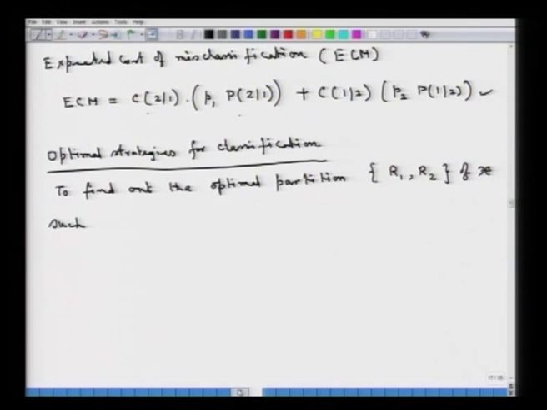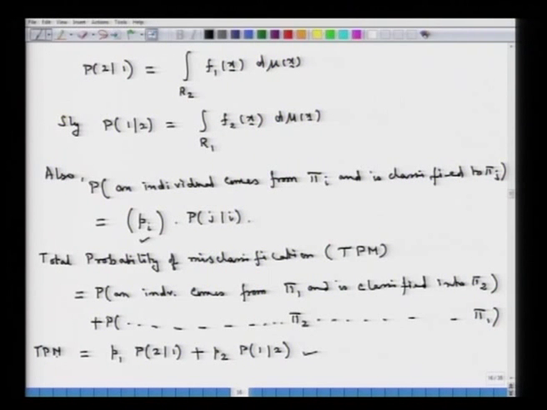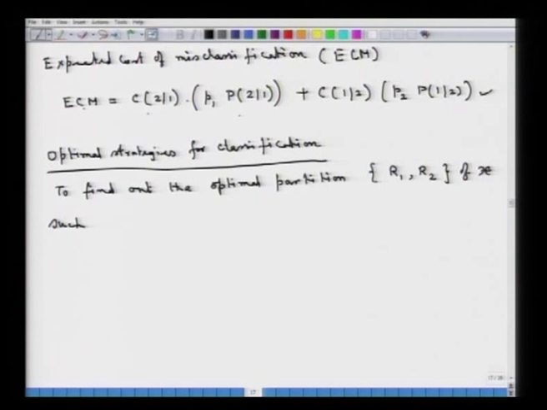Because the first one, this is the total probability of misclassification, so lower the better, and of course, when we are also looking at expected cost of misclassification, lower would be the better.